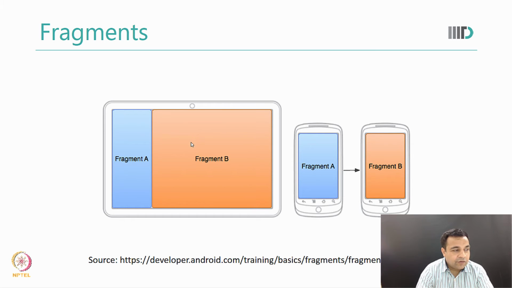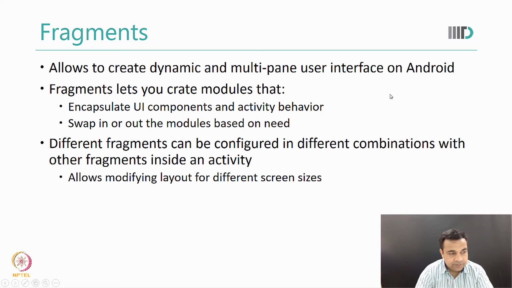So here what you kind of need is a bigger activity that involves maybe two or more sub activities, but this is not allowed in the activity. So Android makes it available as fragments and not activities.